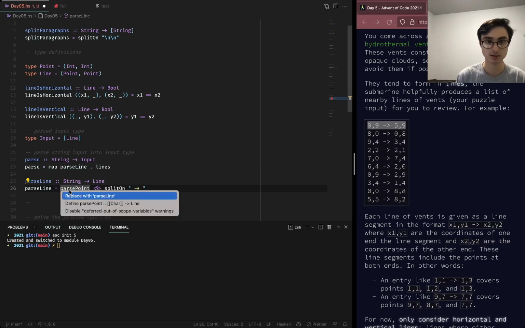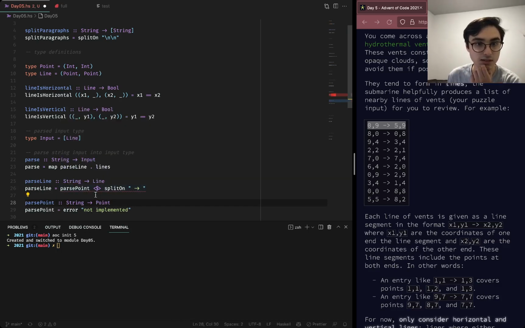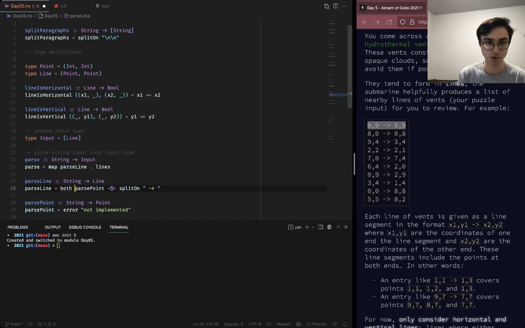We need parse point. That takes a string, gives us a point. That's not right, is it? Both. What is that called? Each.